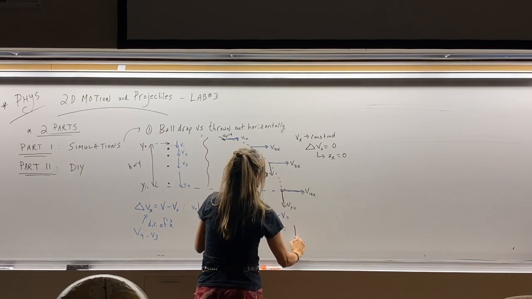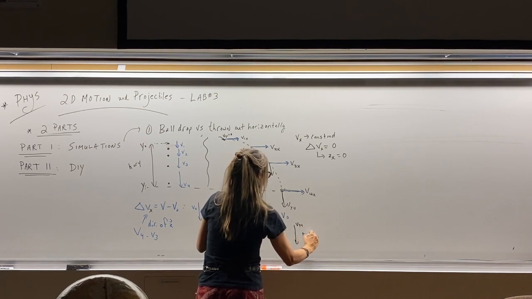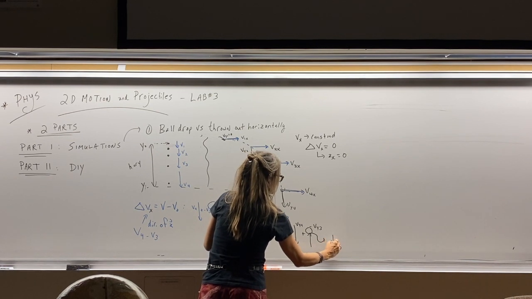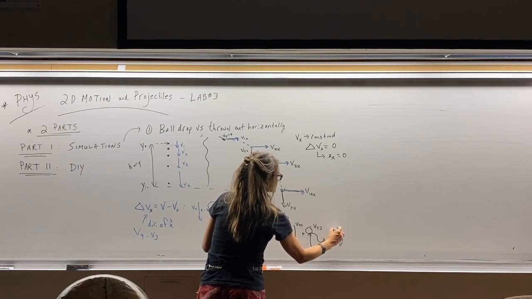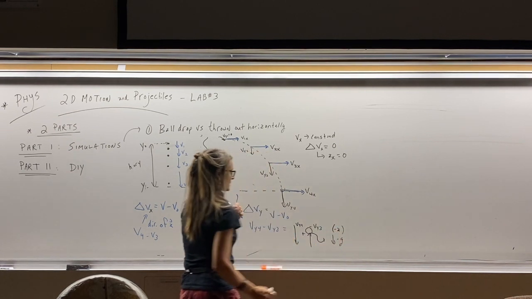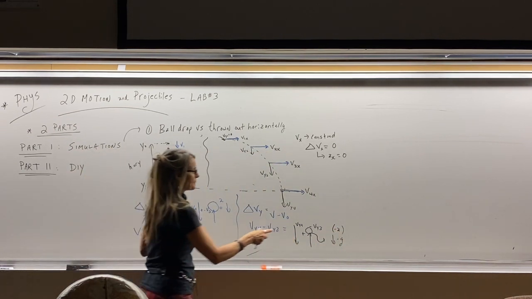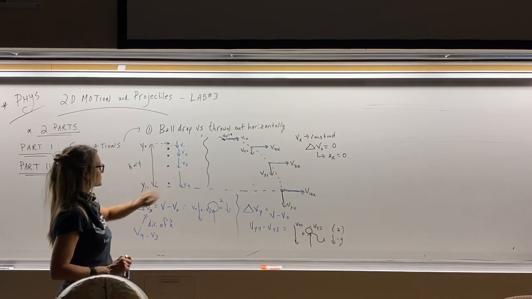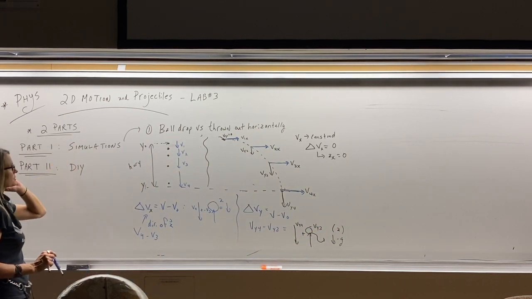Vy4 minus Vy3 will give you this, minus G, or minus A. A, which is minus G. Whichever way you want to notate it. That's what this first part of the simulation does.